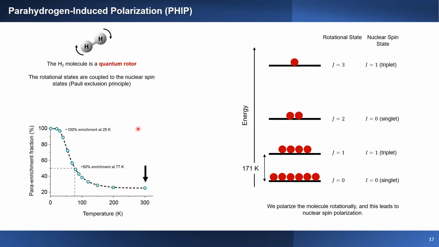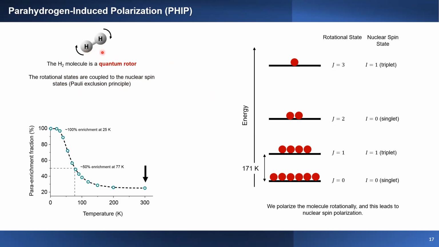Okay, here's a little dive into what's actually going on there. So I said that we can hyperpolarize that hydrogen gas by simply cooling it down. So I'll explain how that works. The hydrogen molecule behaves as a quantum rotor. You have two spin half particles, and the rotational states, I say they're coupled to the nuclear spin states by the Pauli exclusion principle.